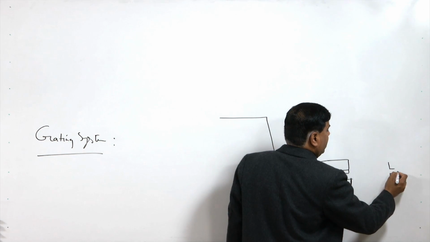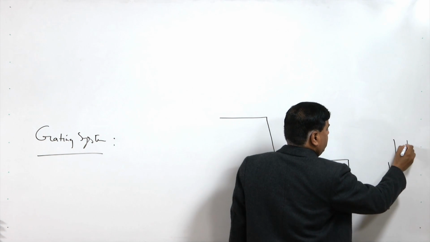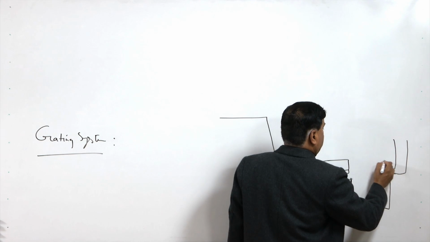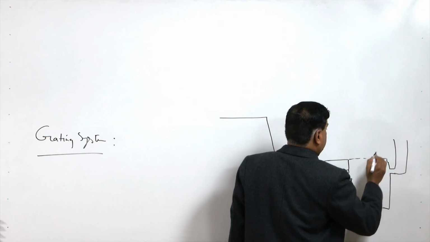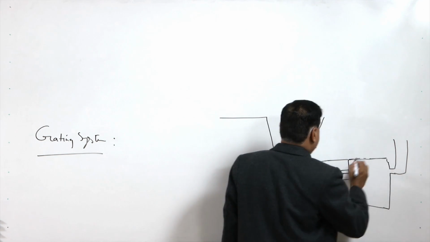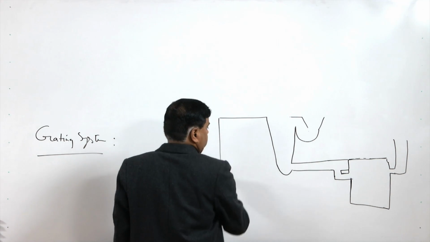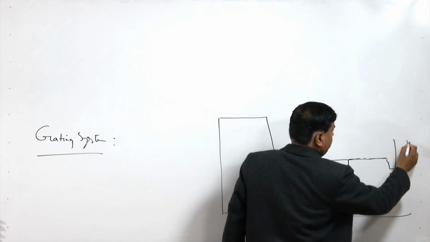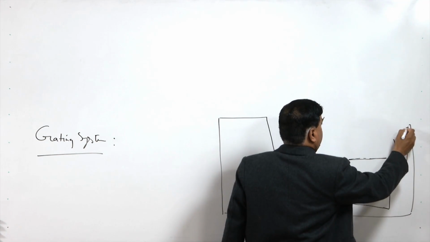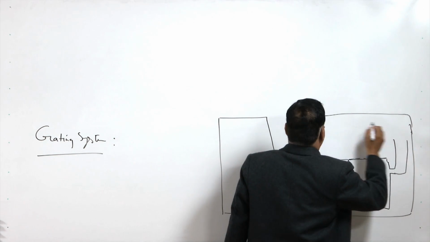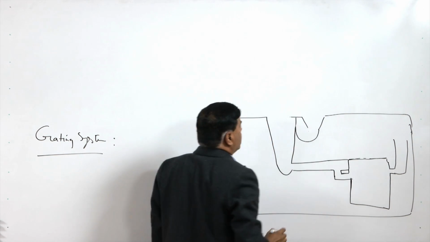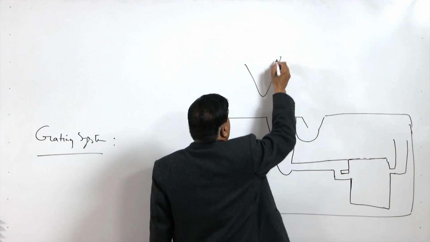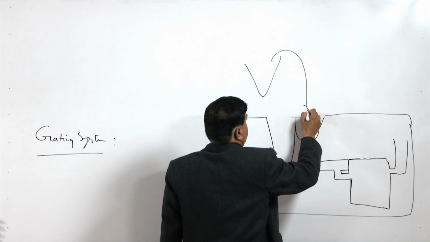So, metal enters and then goes up in this manner, and this is how it is covered. Yeah, it goes in like this. So, actually from the ladle molten metal is poured.